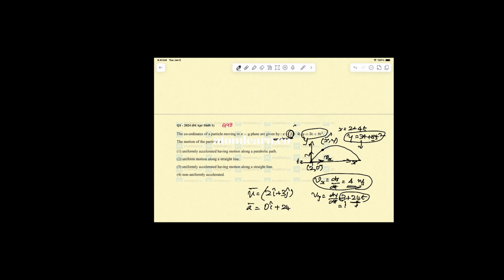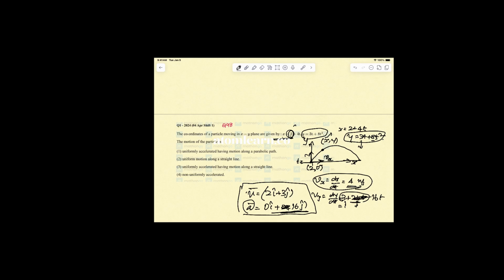Because of 8t squared. I'm sorry, this is not 24t, because when we differentiate, dy by dt is given by 3 plus 16t. Therefore, acceleration is 16 j cap. This actually shows it is uniform acceleration. Acceleration is not dependent upon t. Acceleration is constant, 16 along the vertical direction.